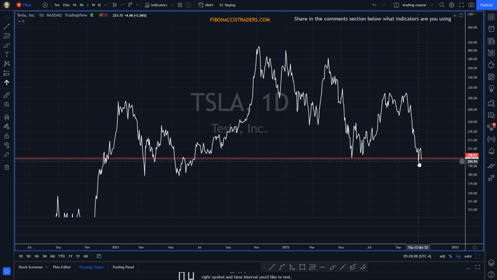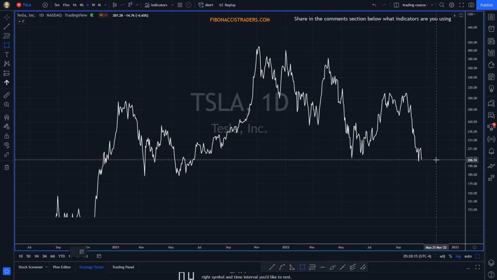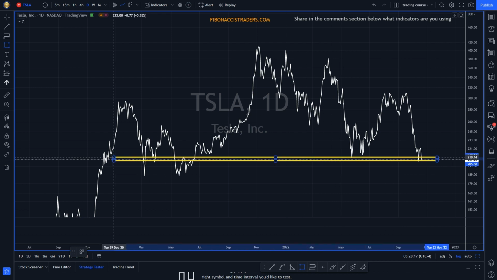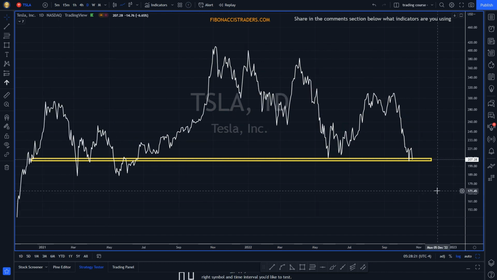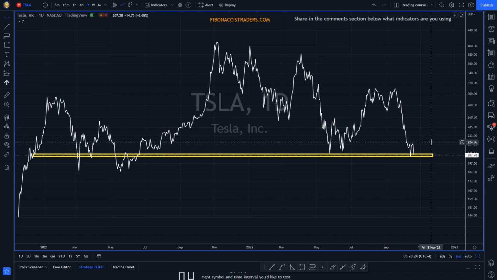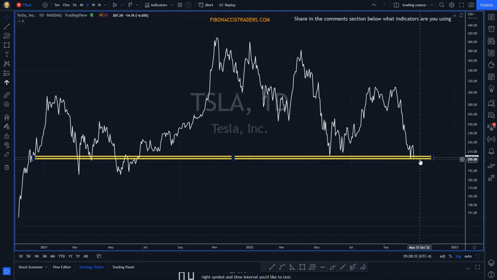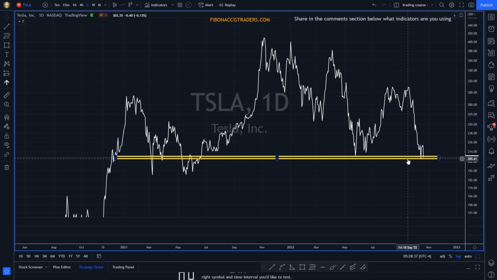So now this area of 208, 206, we can draw as an area of support. We can draw a small box like this one, and say, okay, if this box breaks down, we can go short if I'm not short yet. But where is the next support area that I should look for?